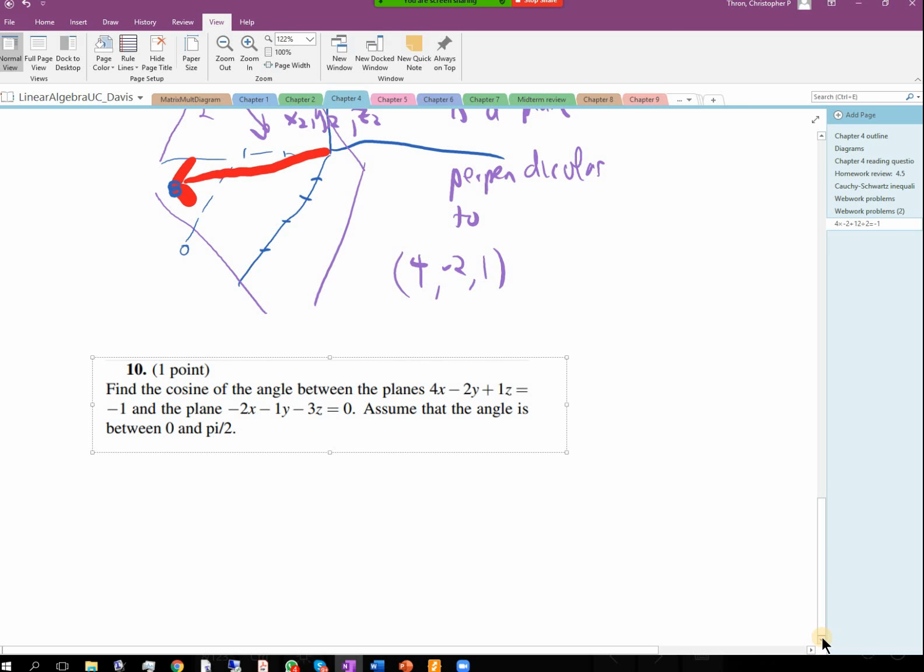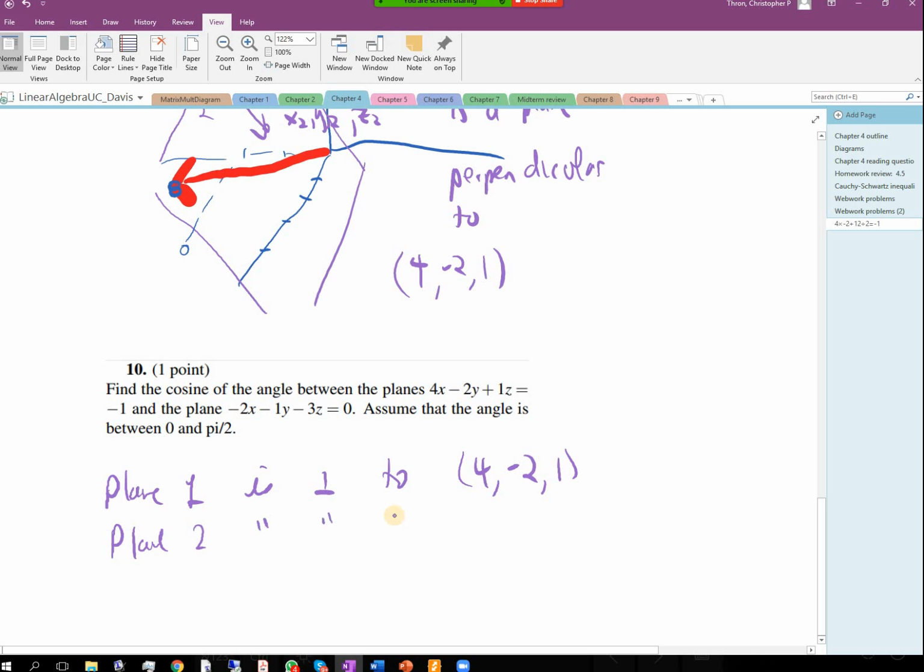So let's just say plane 1 is perpendicular to 4, minus 2, 1. Plane 2 is perpendicular to, well, what did I put here? Oh, -2, -1, -2. Okay, so you see that this -1 did not come into anything about the direction. -1 doesn't give any direction information.